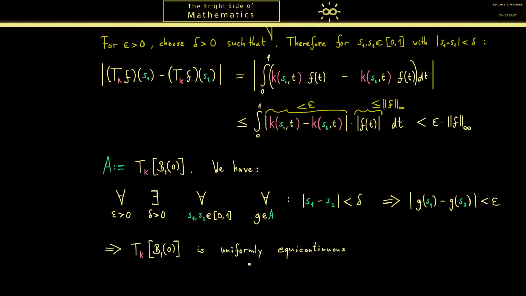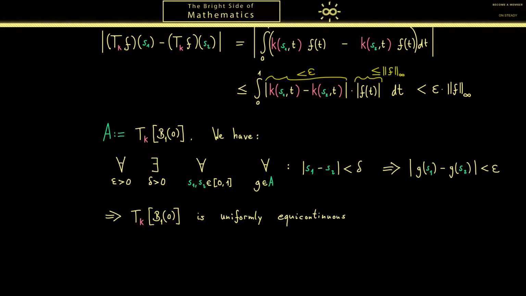At this point you might already guess that we want to apply the Arzela-Ascoli theorem here. Therefore, another step we have to do is showing that the whole set is bounded, or in other words, that the operator is bounded. Hence, let's calculate the operator norm. So we have the supremum of all the norms of the images, where f has norm 1.